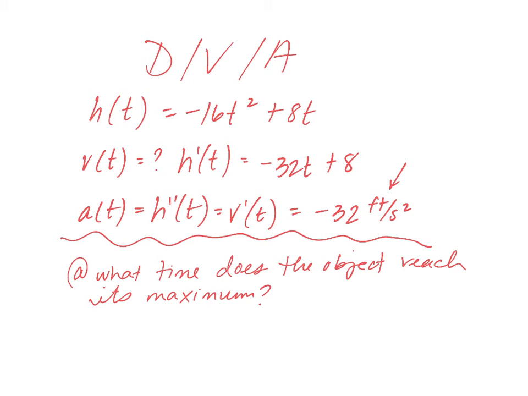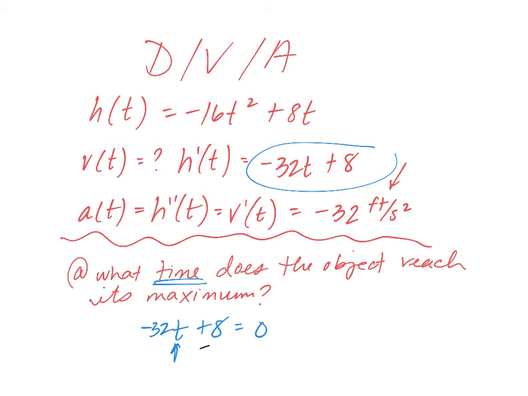So what we're using as the information we need to solve this problem is the fact that when something gets to a maximum, it's changing directions from going up to coming down. And for a split second, the velocity is 0. So the velocity is 0, which means if I take the velocity equation, I can set it equal to 0 to figure out what time that happens at, which is what I'm looking for.